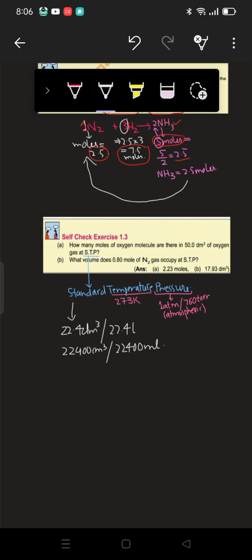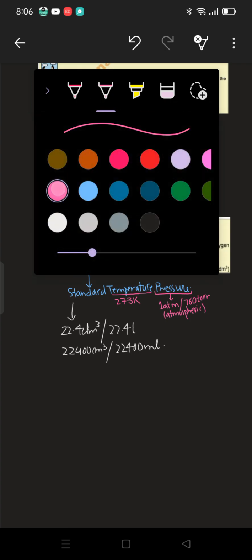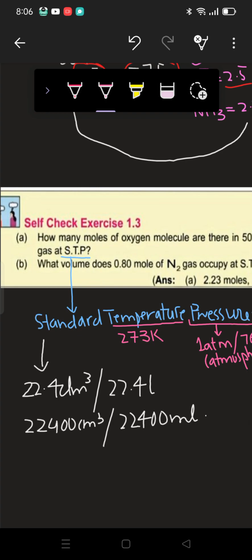Alright, now let's read the first question, what they have asked us. How many moles of oxygen? They are asking us to calculate the number of moles of oxygen. If they are asking for the moles, they must have provided the mass or the given particles, or the volume, so that we can divide it by the molar mass, molar volume, or Avogadro's number and get the moles.